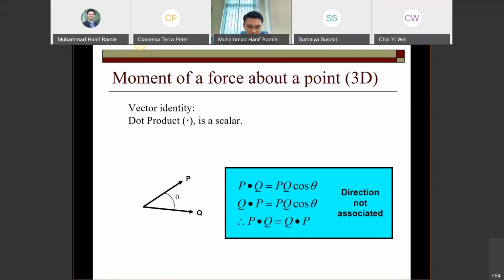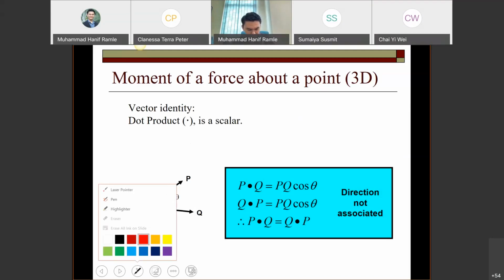Let's say we have P and Q, with an angle theta between them. Then P dot Q equals PQ cos theta.